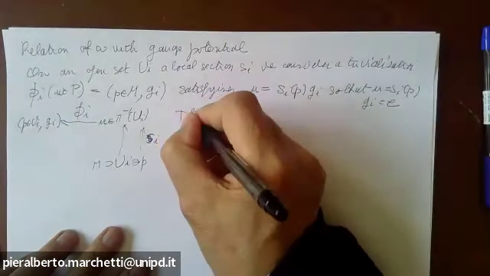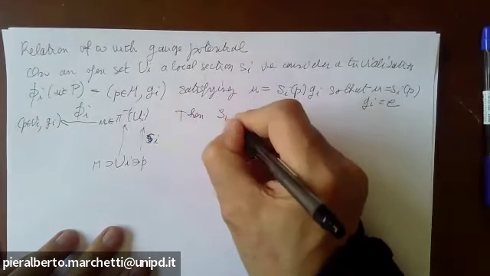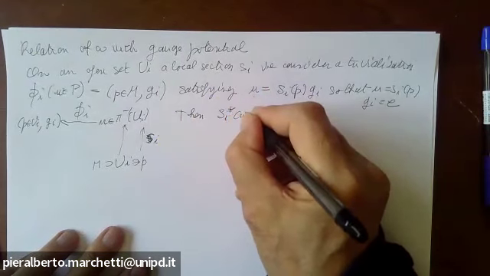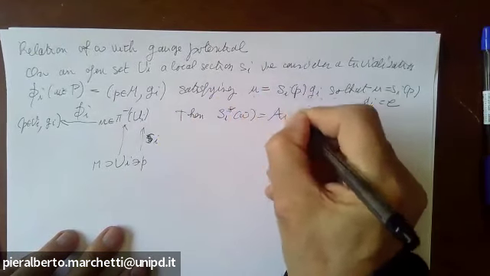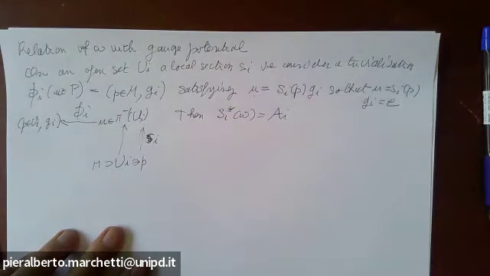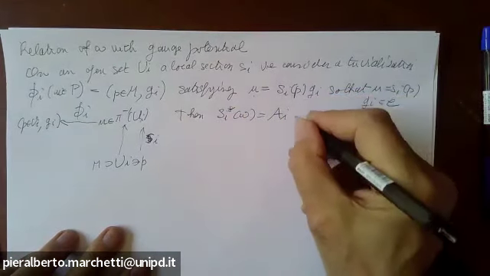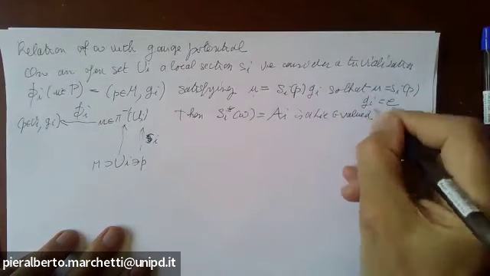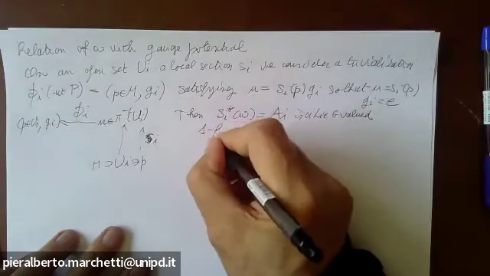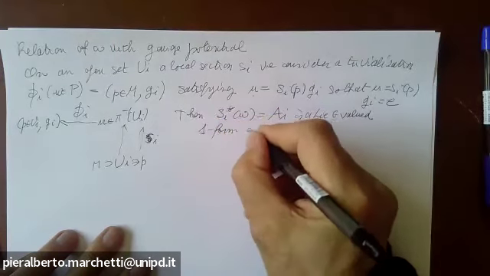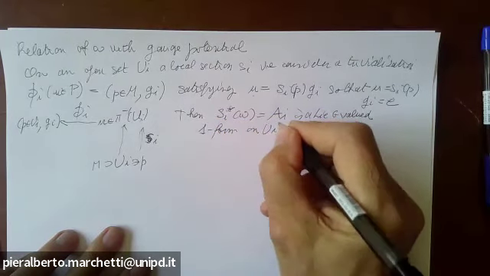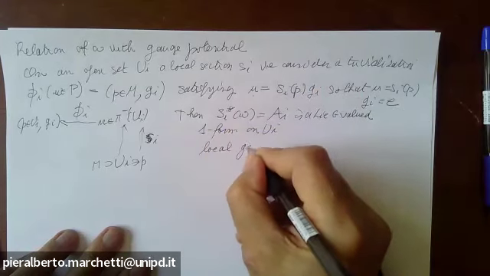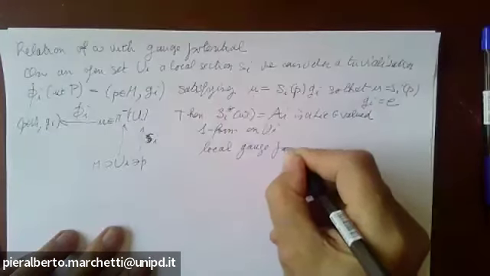Then it turns out that the pullback of omega is now a form on UI, a Lie algebra valued 1-form by construction on UI. And I don't know if you recognize it, but this is a local gauge potential.